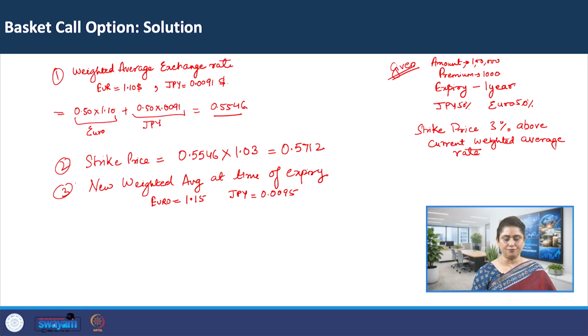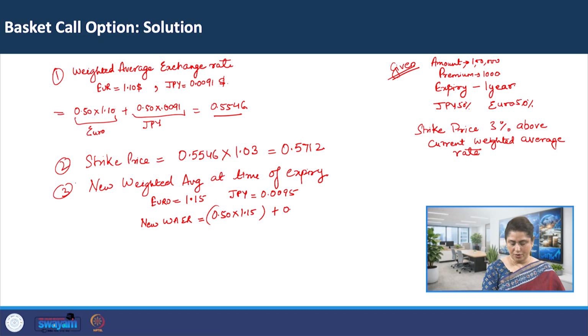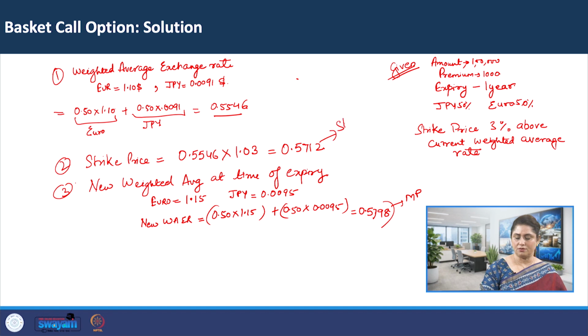Now, we have to calculate the new weighted exchange rate, which is equal to 0.50 into 1.15 plus 0.50 into 0.0095. This gives us a value of 0.5798. So we can consider this like a market price, and this is our strike price.